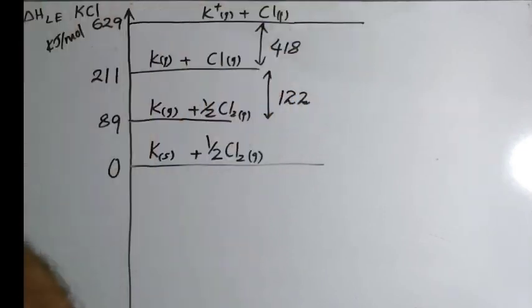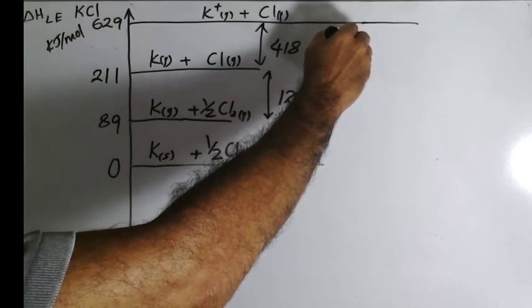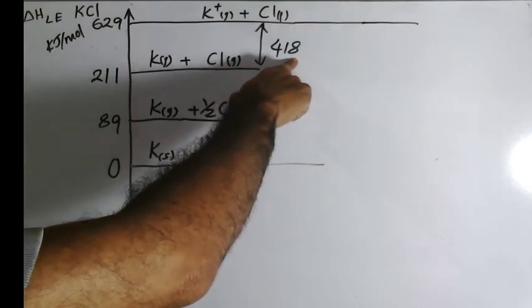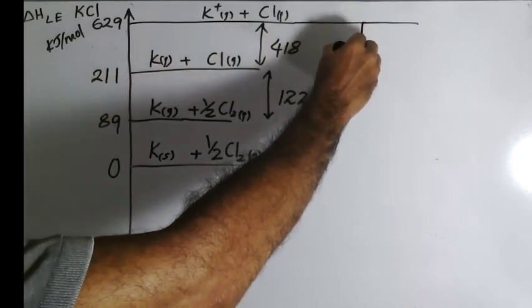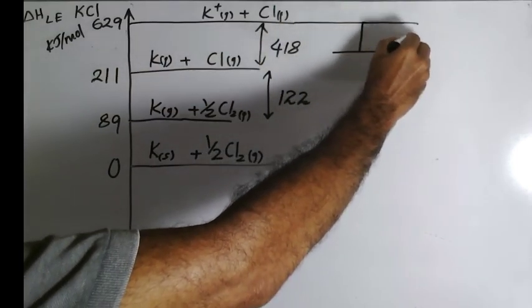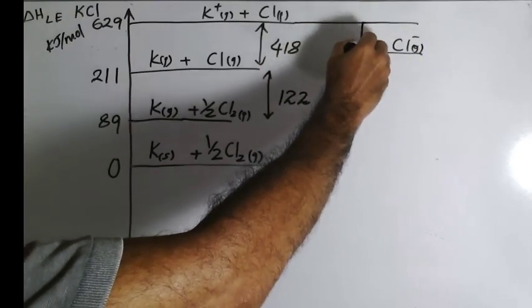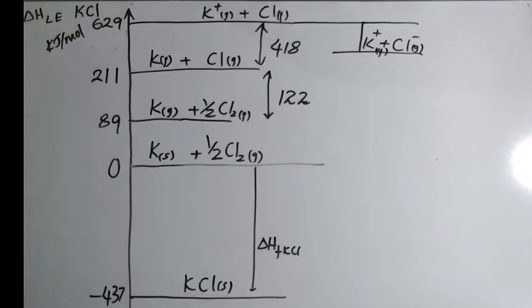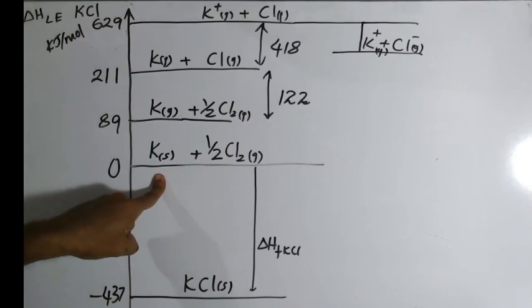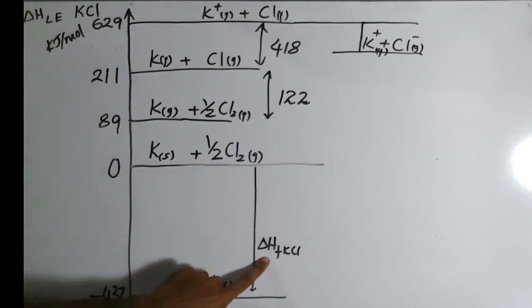We have to come from this level, so this is 418 and it should not overcome that gap. I will choose this level. Chlorine became chloride and potassium should not change. It's the solid potassium chloride. It forms from solid potassium and gaseous chlorine. This is the standard enthalpy of formation for potassium chloride.